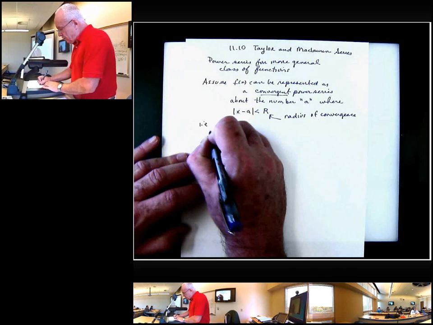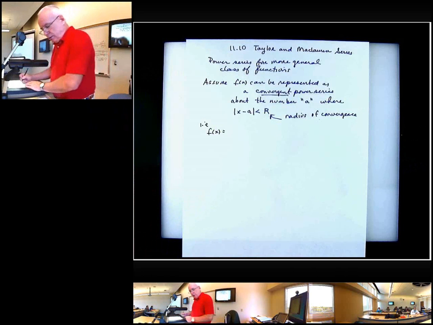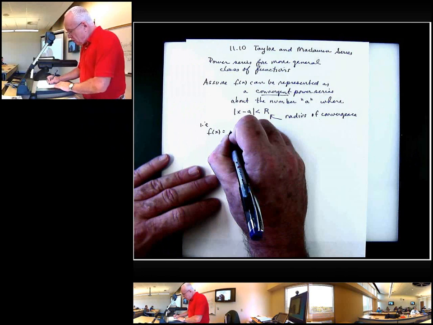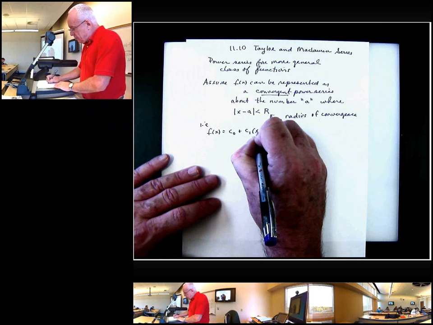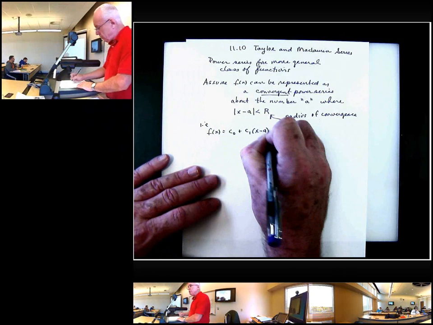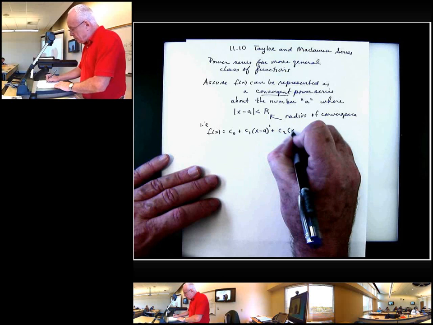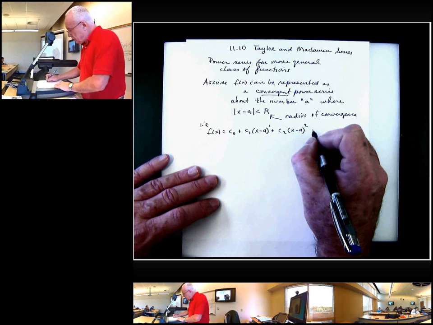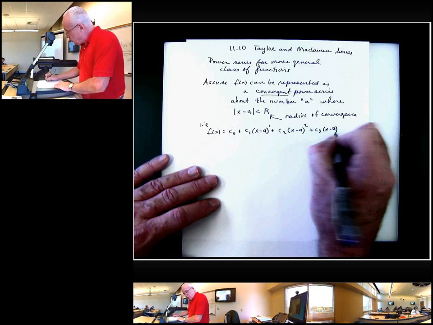So therefore, f of x, let's write out a few of the terms of the power series. We'd have c naught plus c1 times x minus a to the first power plus c2 times x minus a to the second power plus c3 times x minus a to the third power.